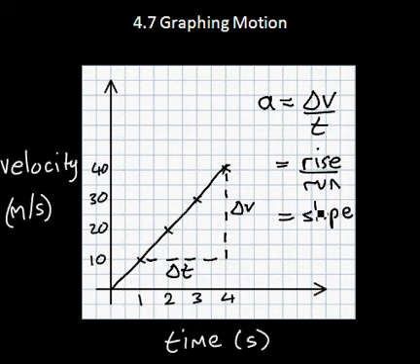In this case, my delta v goes from 10 to 40, so the change is 30 meters per second. And the time interval goes from 1 to 4, it's 3 seconds. And so I'm ending up with an acceleration of 10 meters per second squared.